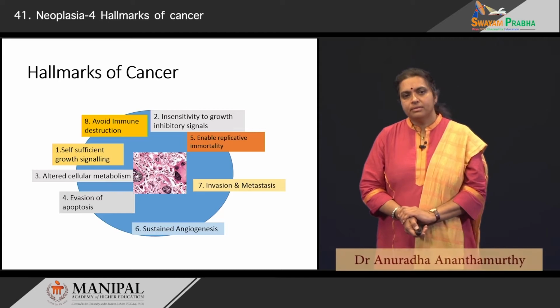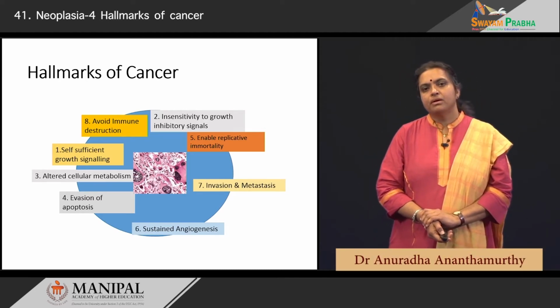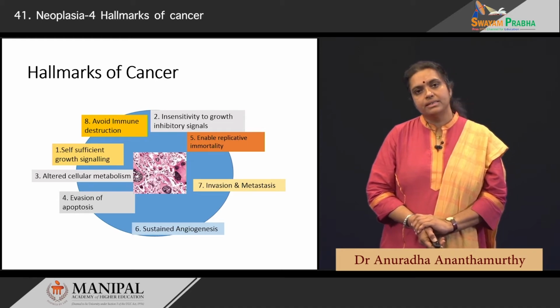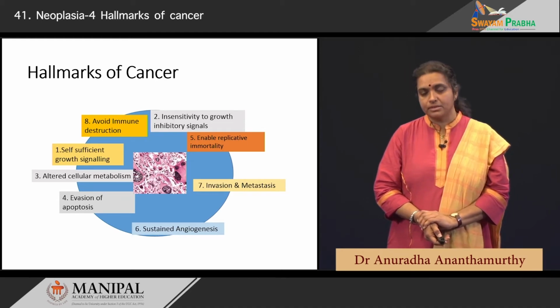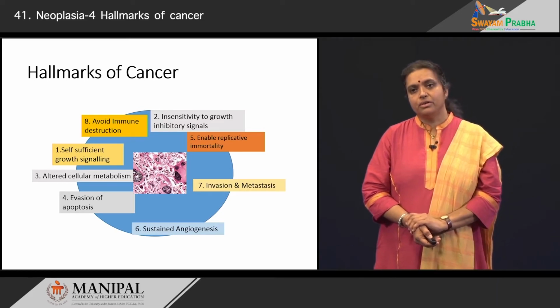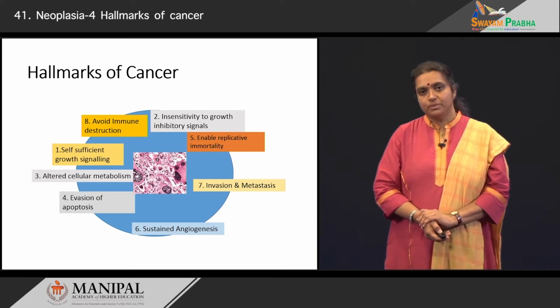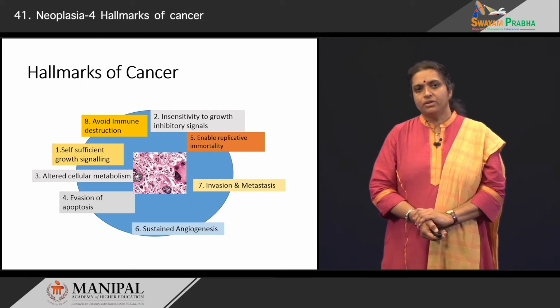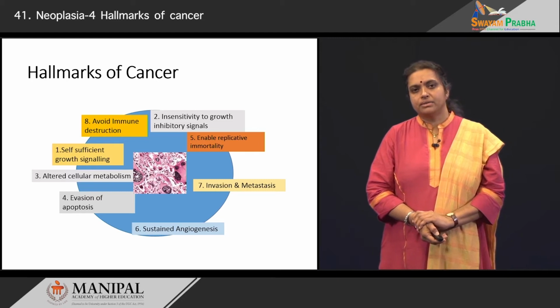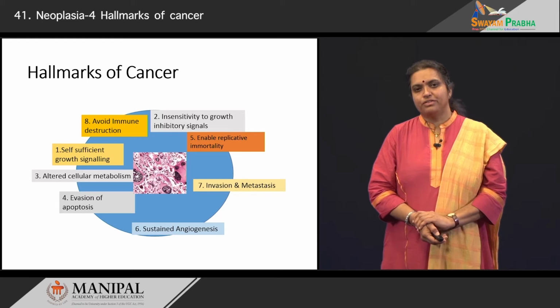This phrase, the hallmarks of cancer, was first used and published in the Cell by Weinberg and his colleagues in 2011, and it has got the attention of all the people who study cancer all over the world, because in a nutshell it tells you what the properties of a cancer cell are.